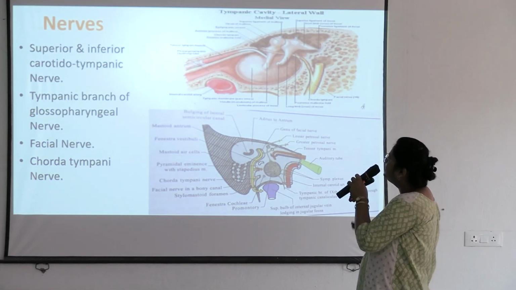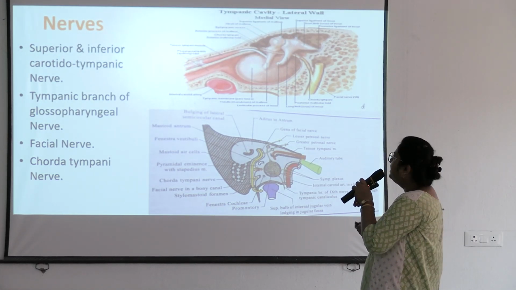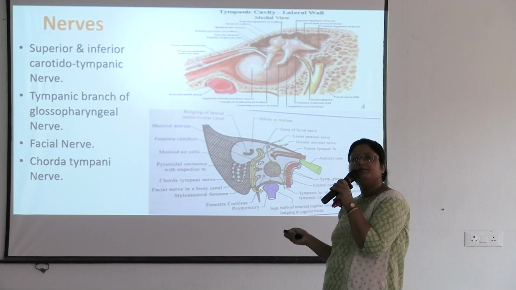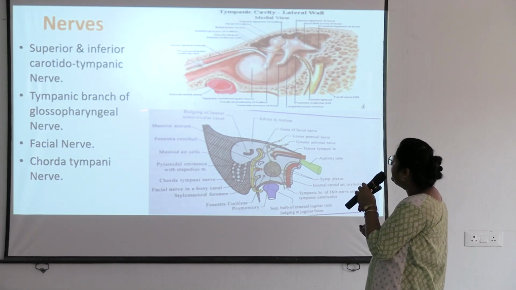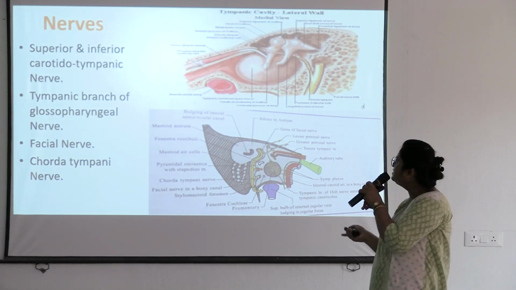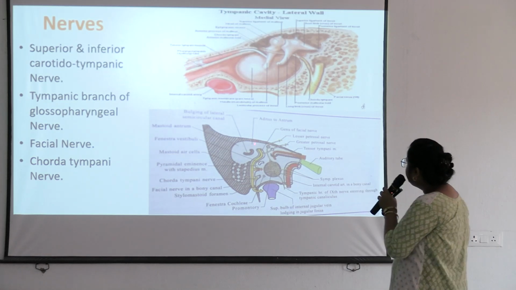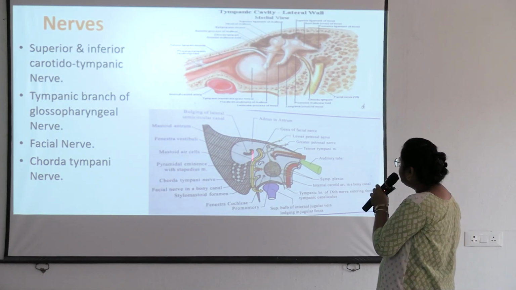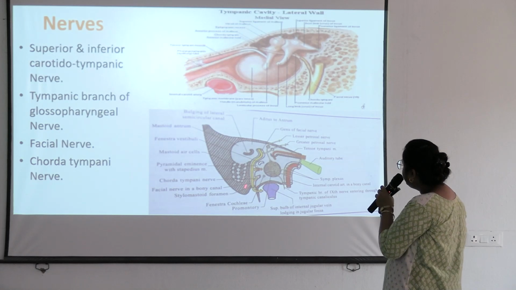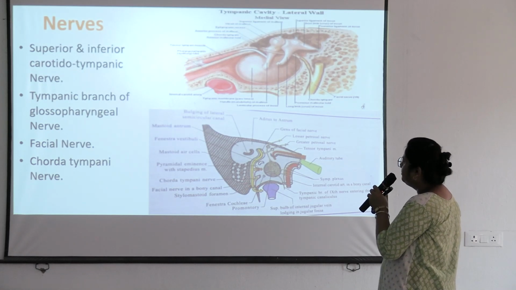Next we are going to the nerves: superior and inferior caroticotympanic nerves, tympanic branch of the glossopharyngeal nerve, facial nerve and chorda tympani nerve. Facial nerve is here. This is the oblique part, vertical part, and here arises the chorda tympani nerve.